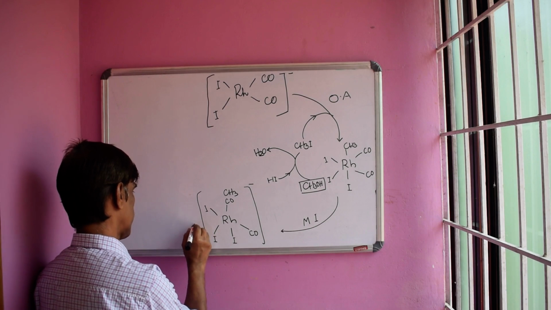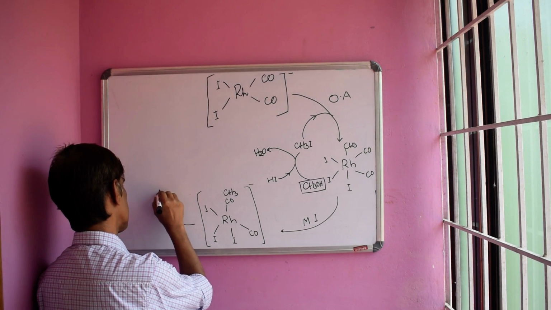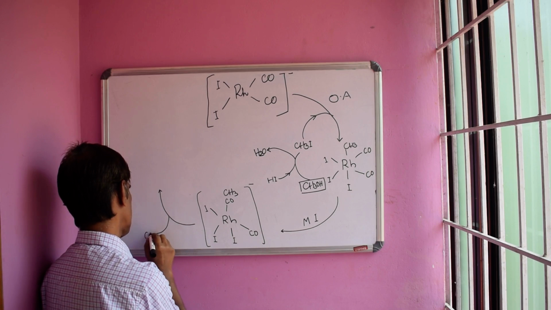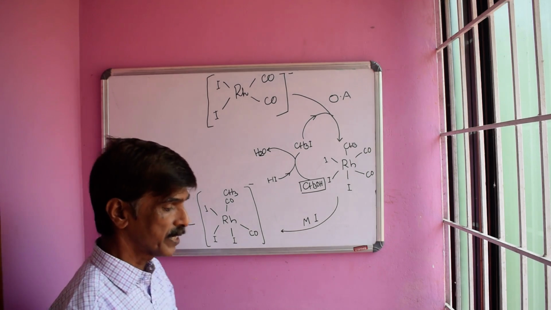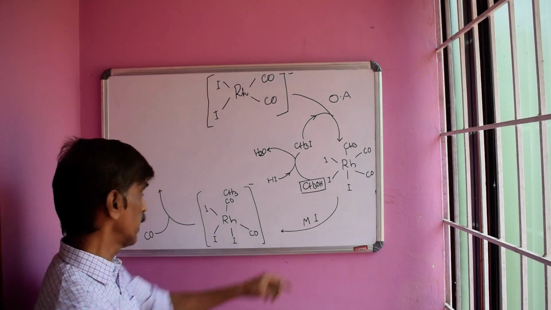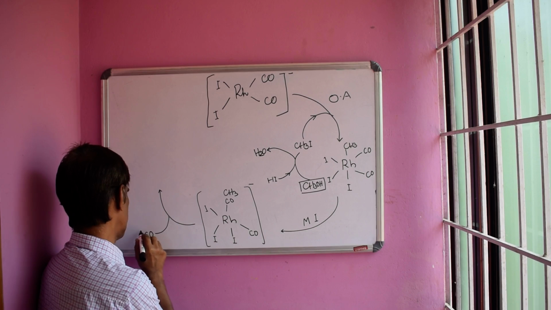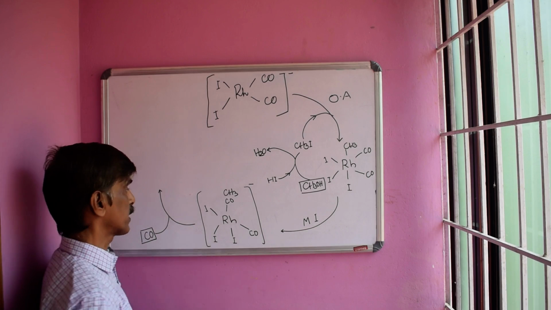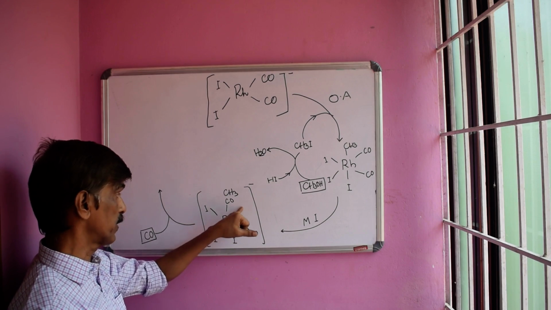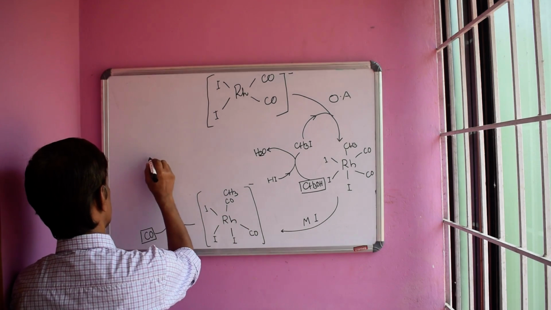Now the next reaction is the addition of carbon monoxide, that is the second reactant. The carbon monoxide gets coordinated to the site that is created by the migratory insertion, the carbon monoxide vacancy.